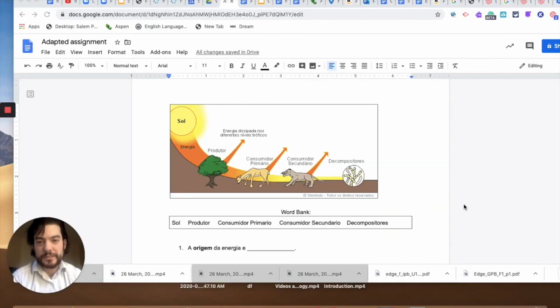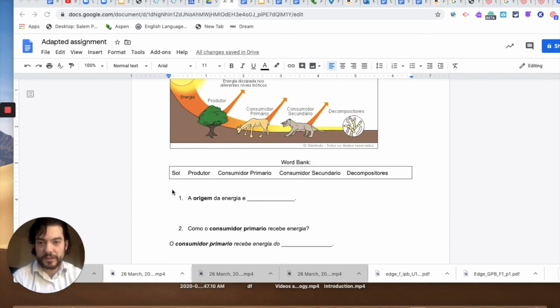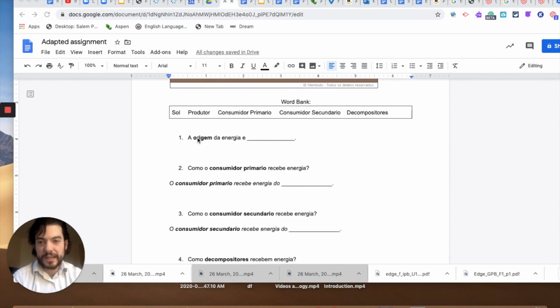Now that you've watched my adapted lesson, here's the adapted work that I would give you. I would start with this image, and then give you this word bank with the words sol, produtor, consumidor primário, consumidor secundário, decompositores. And these questions: A origem da energia é, como o consumidor primário recebe energia, with the sentence starter, o consumidor primário recebe energia do.